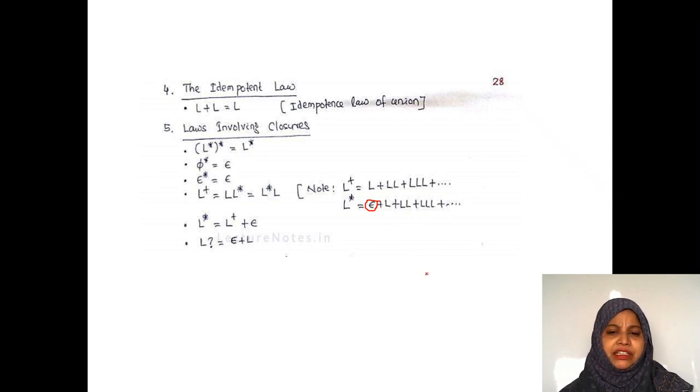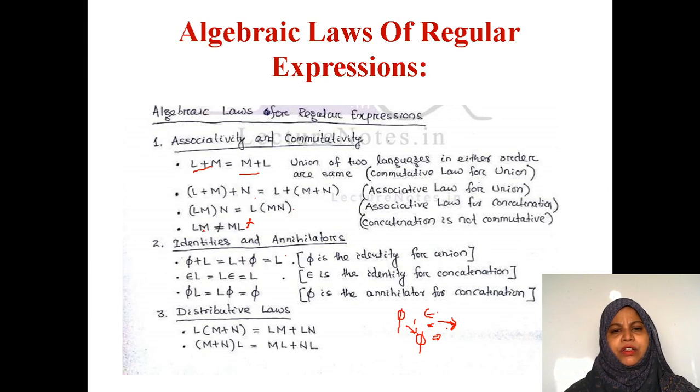Here we can write the connection between L plus and L star: L star is equivalent to L plus together with epsilon, so we can get L star, the closure of L. These 5 are the algebraic laws of regular expressions.